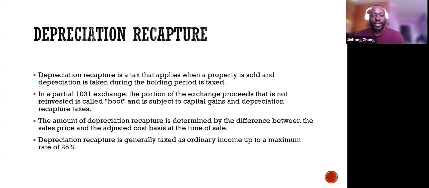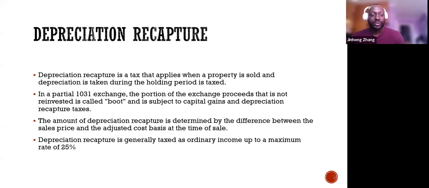So depreciation recapture is a tax that applies when a property is sold and depreciation is taken during the holding period. So for example, if you have a regular rental property, 27 and a half years, you're required to take depreciation each year that you own that property. And once you sell the property, then you have to pay a portion of that depreciation back, which is depreciation recapture.